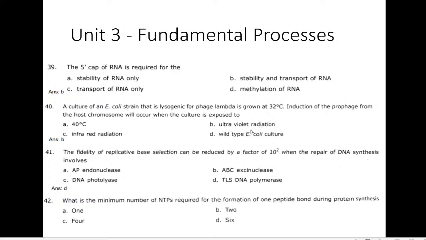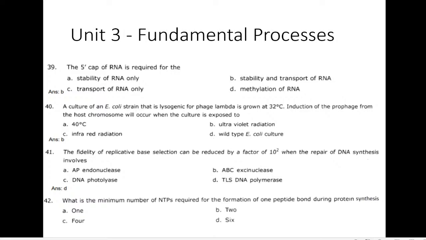Why I mention this basic story: at 40 degrees Celsius, that is heat, it just makes a change at the cellular level, not at the chromosomal level. Here they want to change at the chromosome level. If you want to attack at a chromosomal level, you need UV radiation, that is ultraviolet radiation.